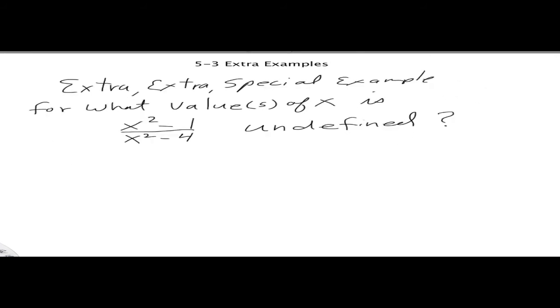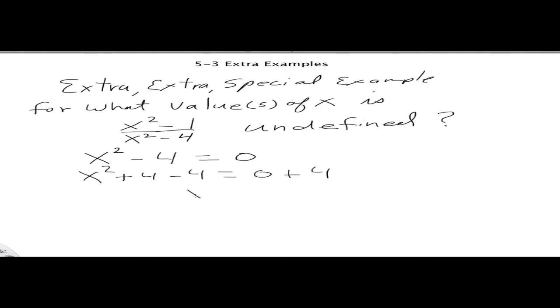Extra special example. For what values of x is x squared minus 1 over x squared minus 4 undefined? This is a little bit different question. It still leads to the same idea that if this is undefined, that means that x squared minus 4 equals 0. So x squared minus 4 equals 0. I add 4 to both sides, so x squared minus 4 plus 4 equals 0 plus 4.